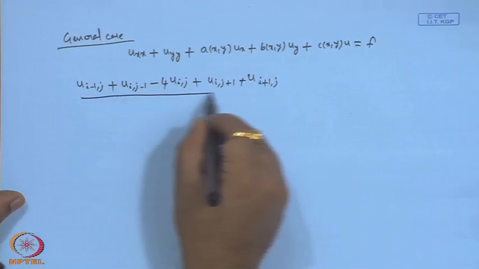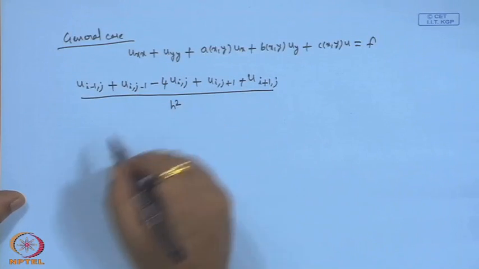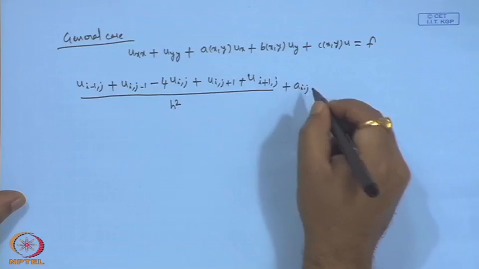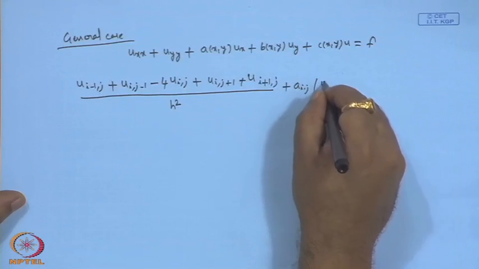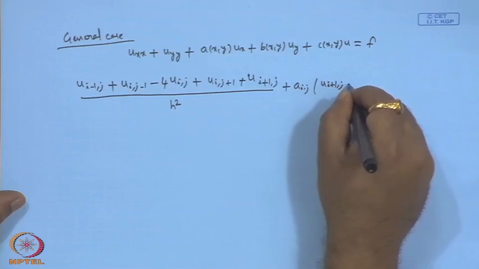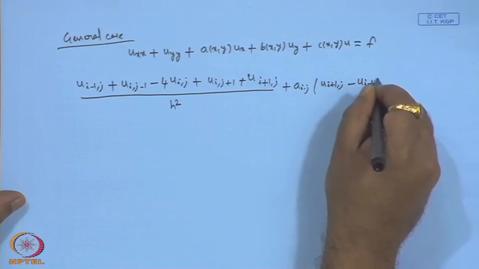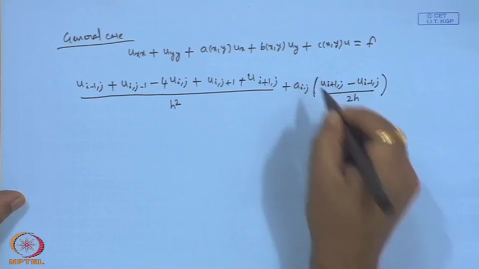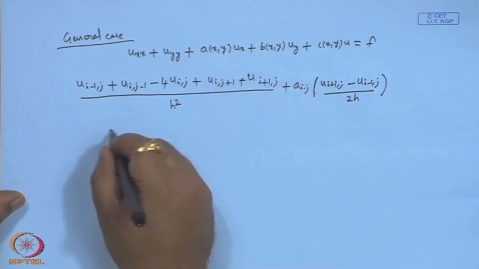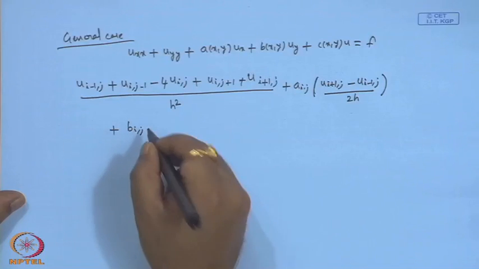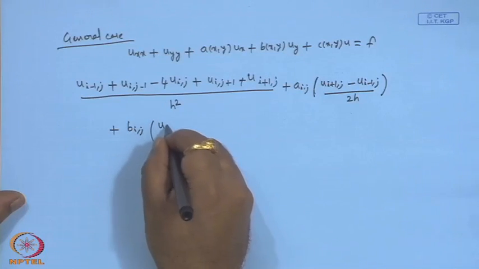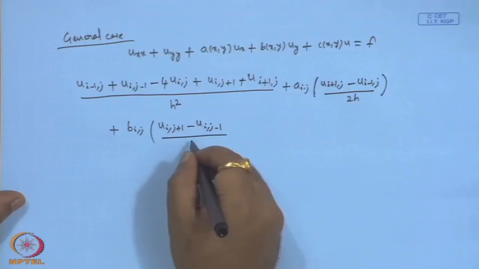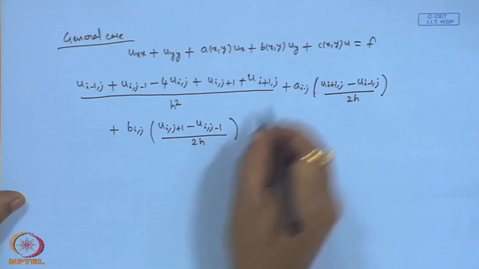So, this we get, okay, plus from here A I j, okay, then from here, then from here.